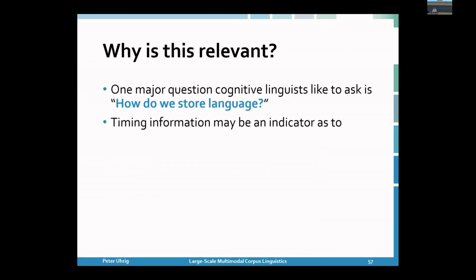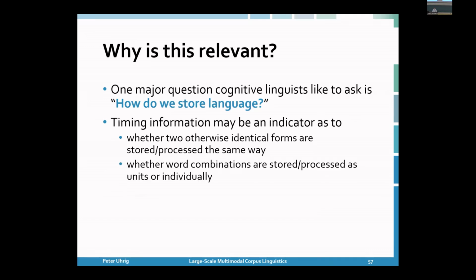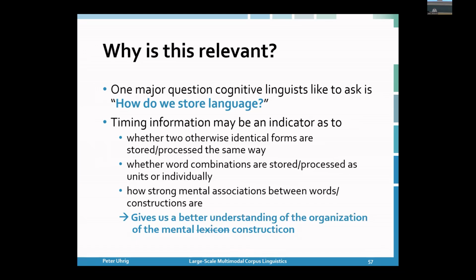Timing information may be an indicator as to whether two otherwise identical forms are stored or processed the same way, whether word combinations are stored or processed as units or individually, and how strong mental associations between words or constructions are. So basically, this information about the length of phonetic forms can give us a better understanding of the organization of the mental lexicon, the constructicon, of course.